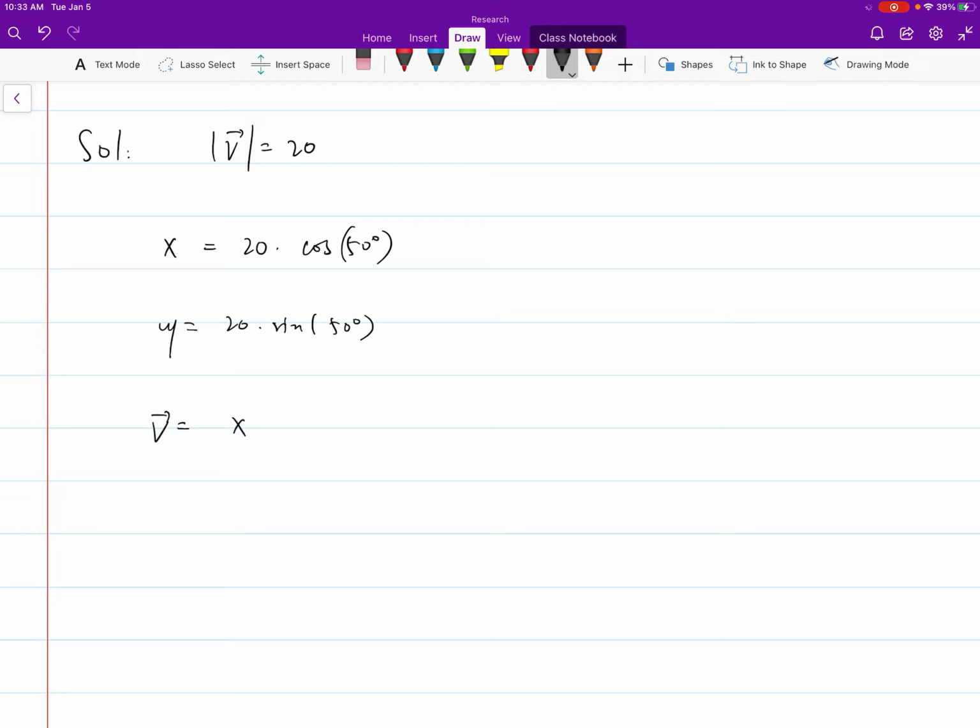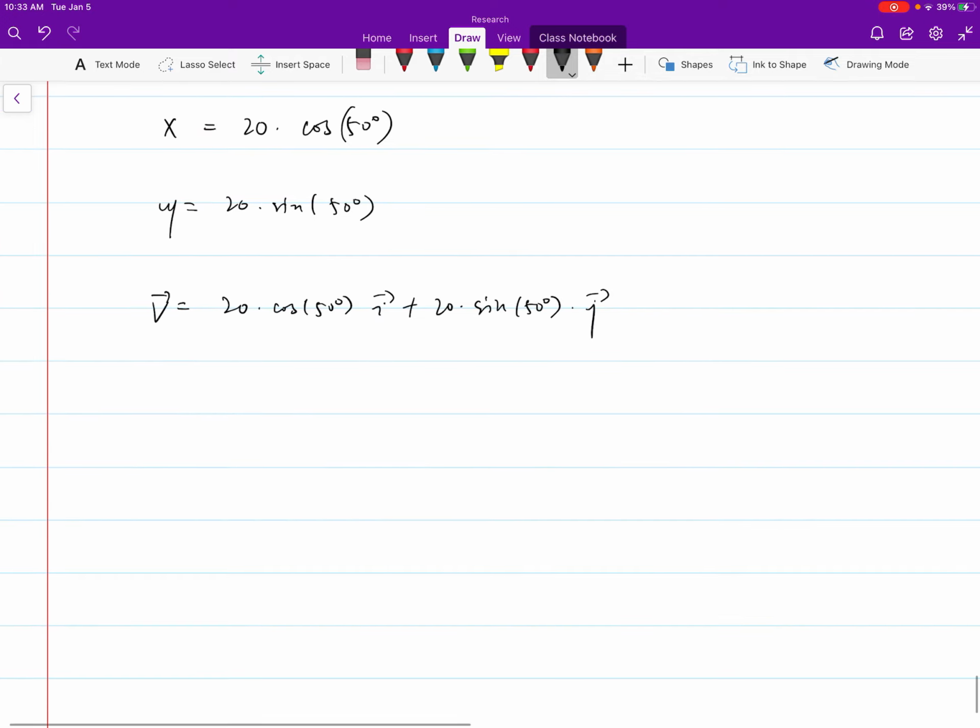Okay, then the v is nothing but the x component times i plus 20 times sine 50 degrees times j. So the horizontal component is here.